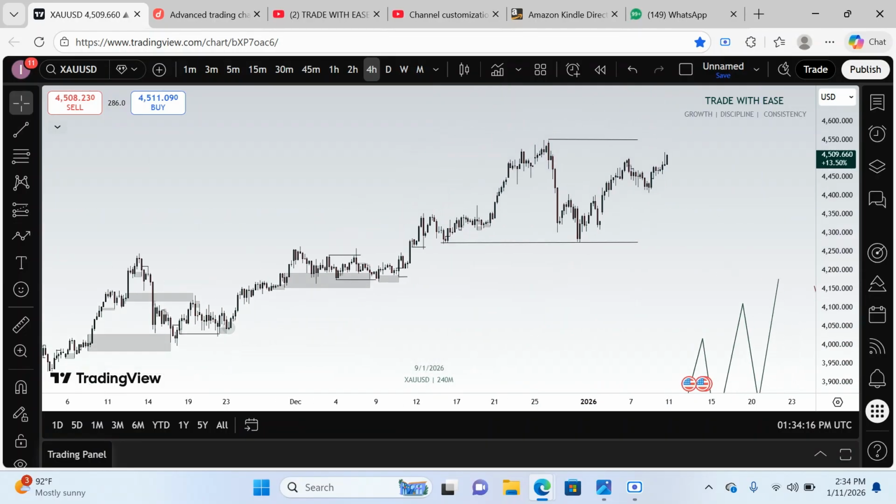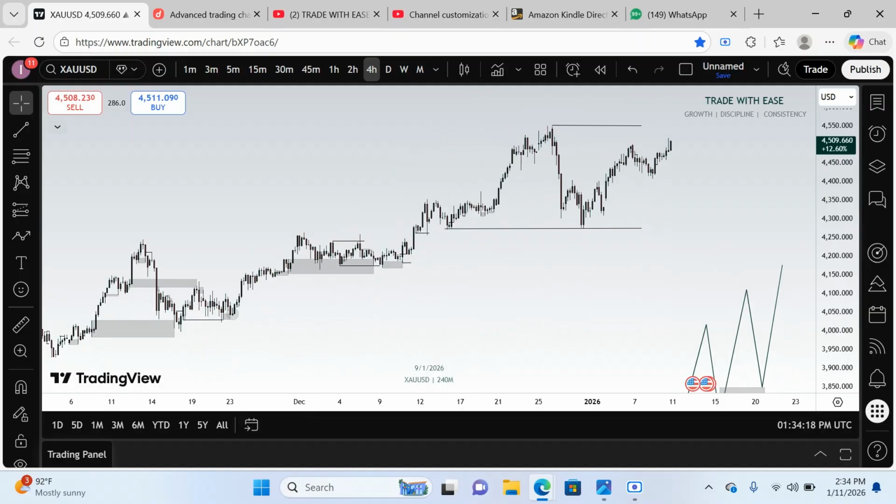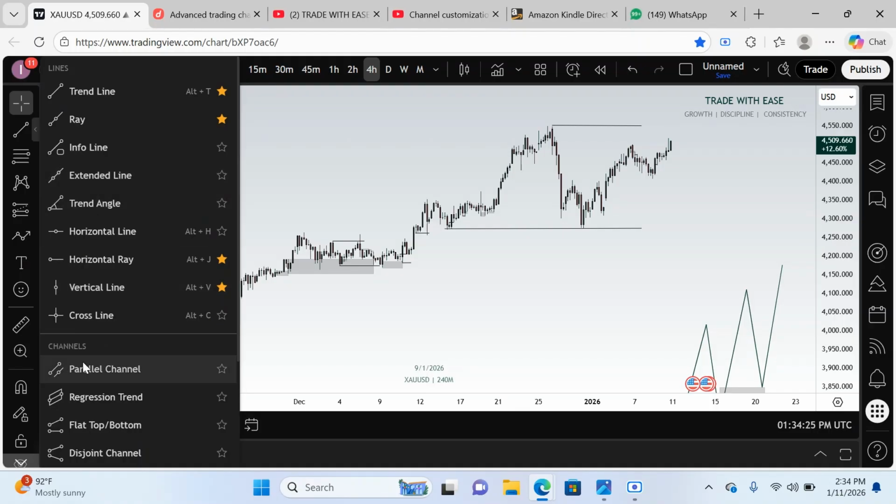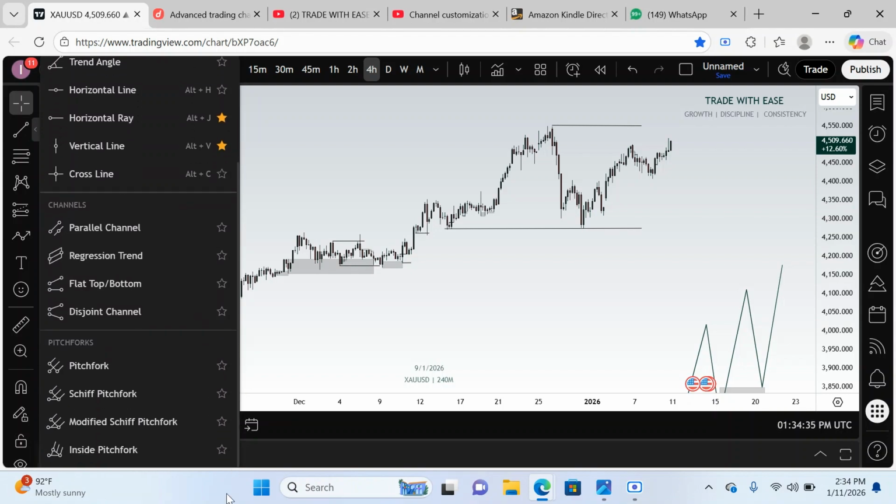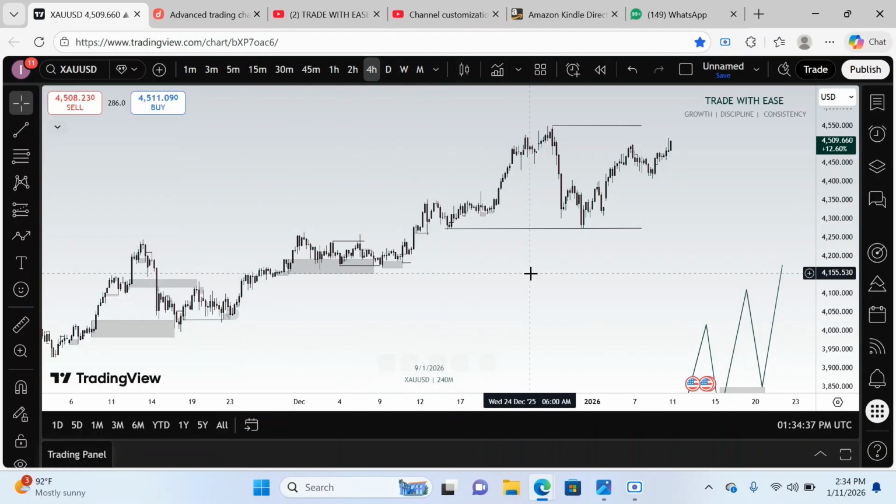Price is moving upward. Let's use this arrow. All right, let's just leave that.